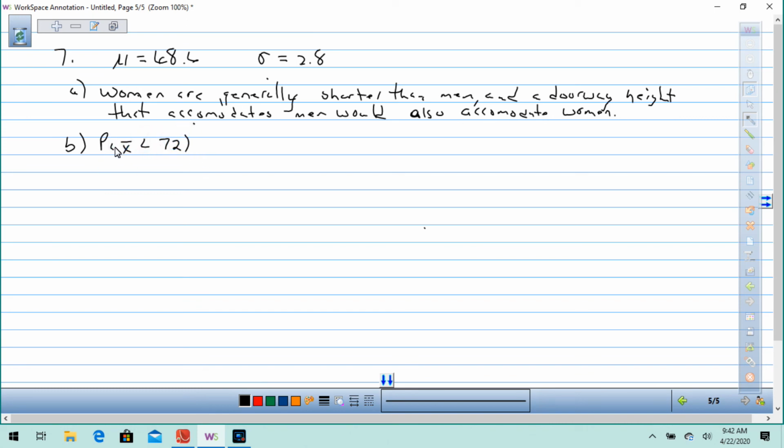Why is it X bar? Because we have n equals 60. So that changes stuff. We're going to have to use a sigma X bar of 2.8 divided by the square root of 60. So let's try that.